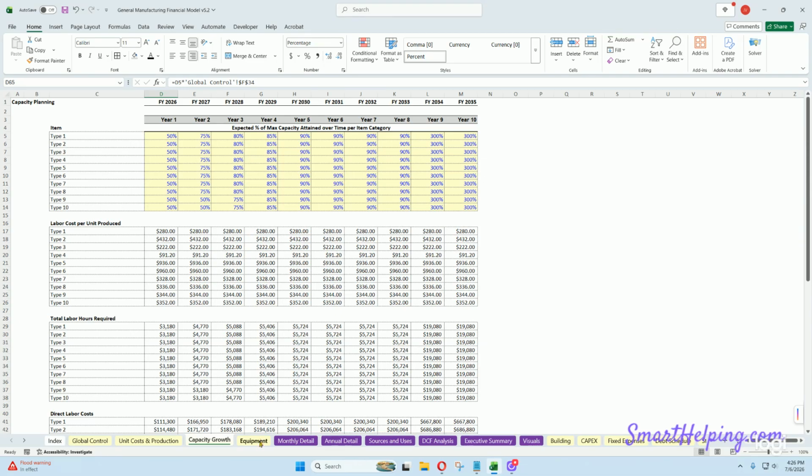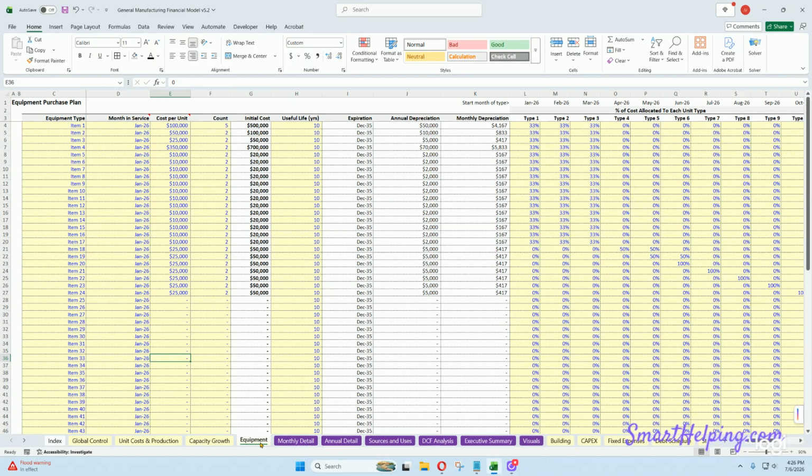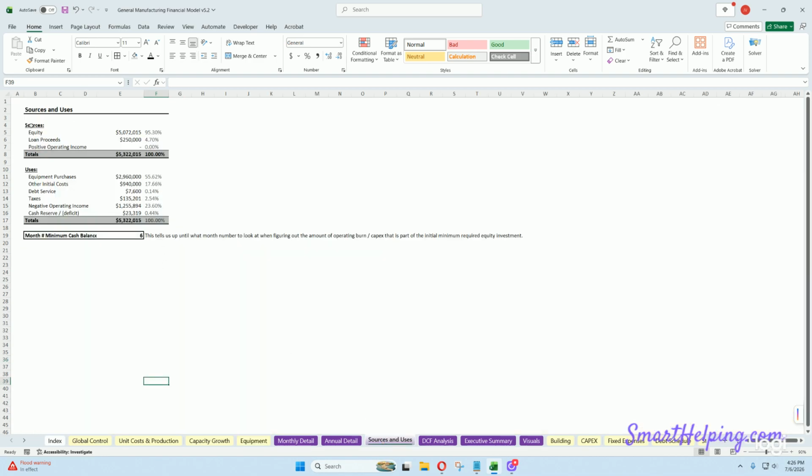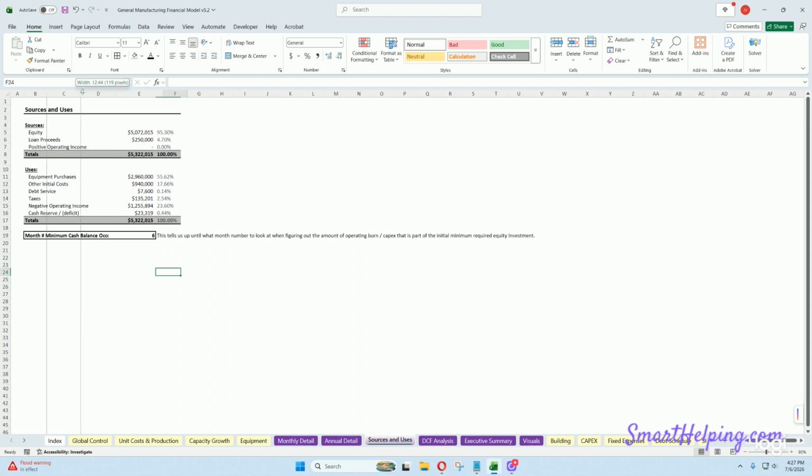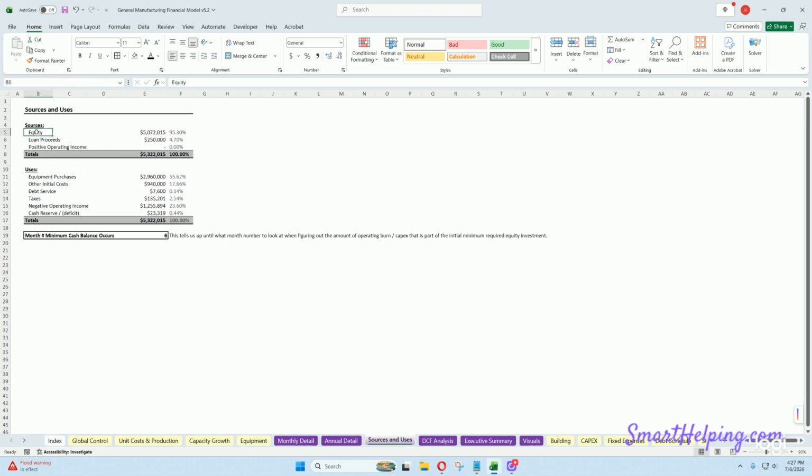The main updates I did were around equity and cash flow planning, as well as adding a sources and uses. This is the sources and uses, dynamic based on when you stabilize. As soon as you hit the stabilization month, this shows you all of the equity, loan proceeds, and any positive operating income that was used to fund any of your required costs until you stabilized.